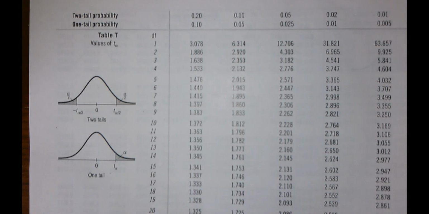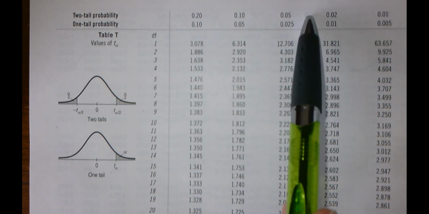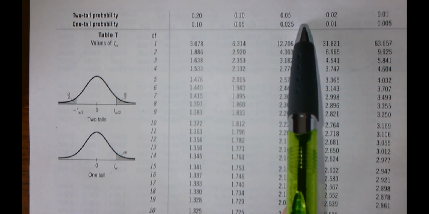Here's the t-table from the back of your book. As I said, we want to construct a 95% confidence interval. So I'll first go down to the row corresponding to 19 degrees of freedom, and then we'll go over to this entry here, 2.093, which is in this column labeled 0.05 and 0.025.